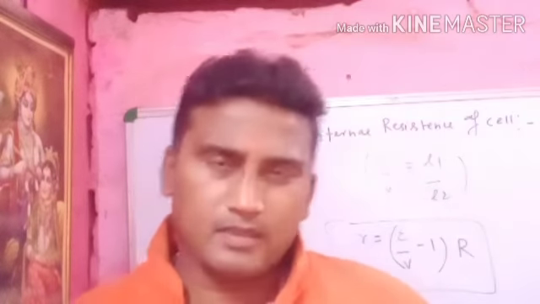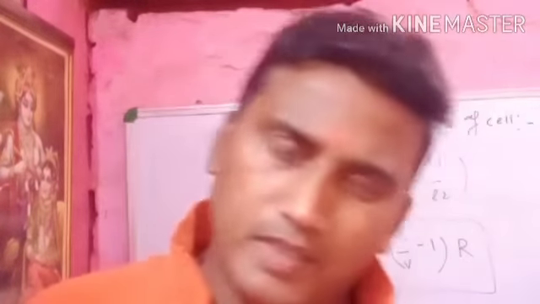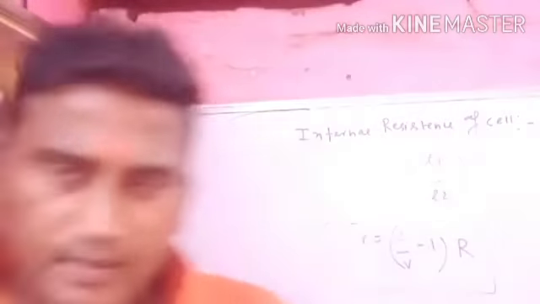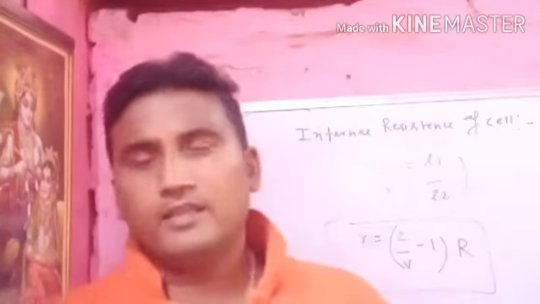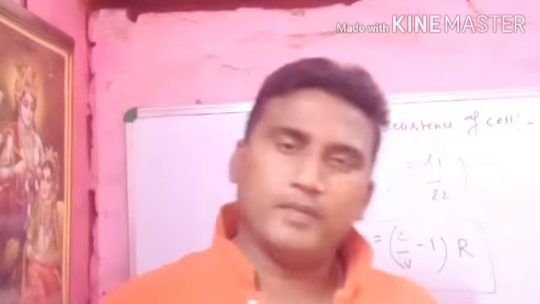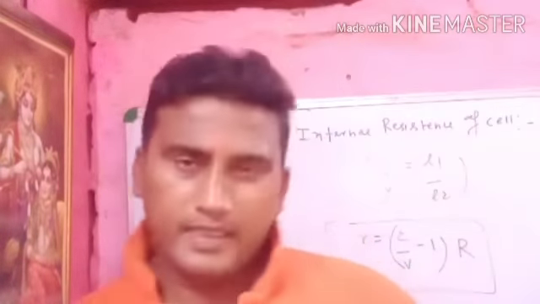In the previous class you also studied viscosity: F is directly proportional to eta A delta Vx by delta Z, and we identify the viscosity coefficient. In the same way, the internal resistance of the cell also opposes the flow of current in a minimum amount, and it is known as the internal resistance of the cell.